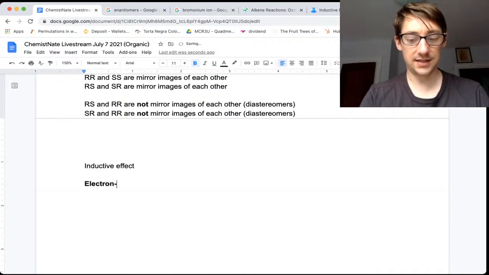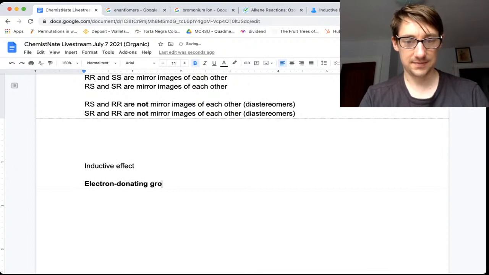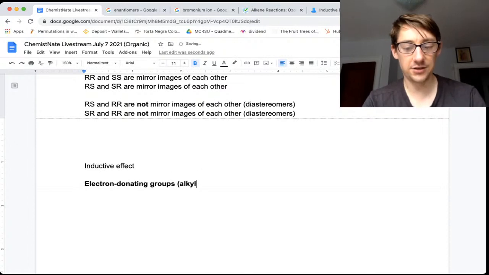Electron-donating groups, which they explicitly say are alkyl groups.